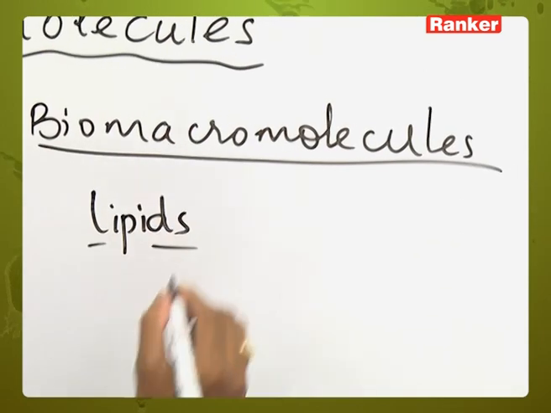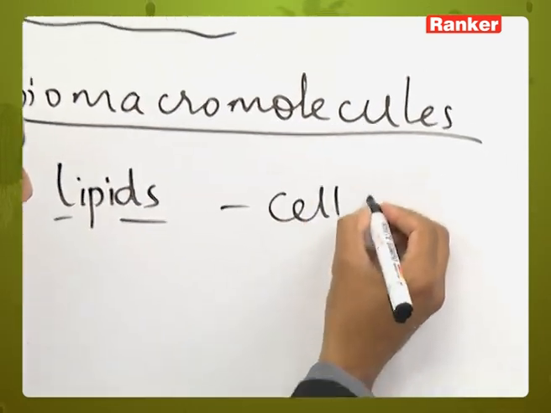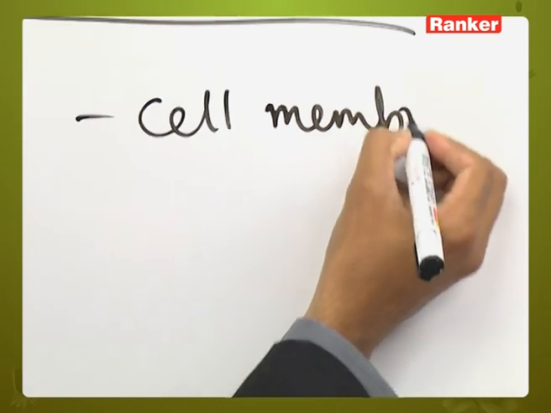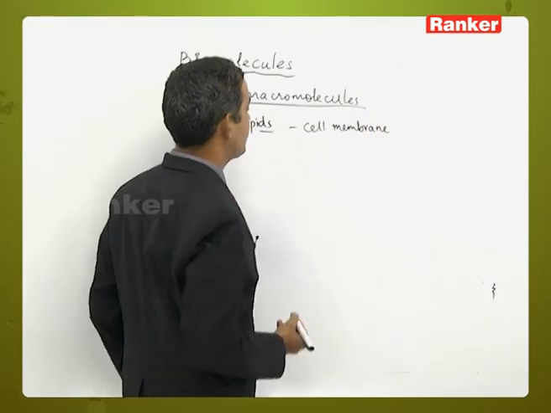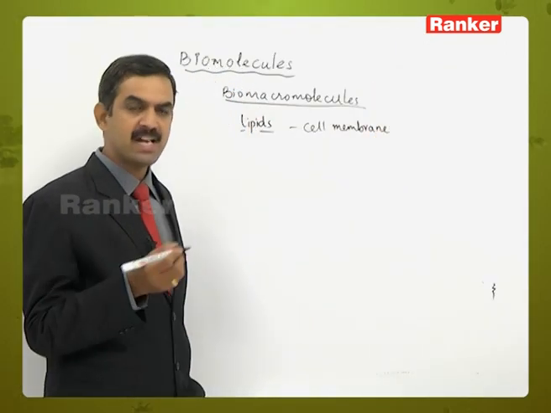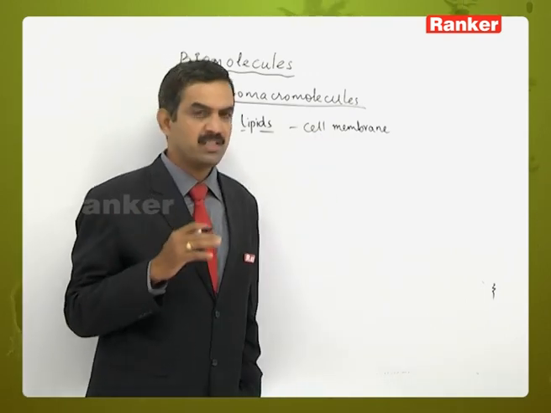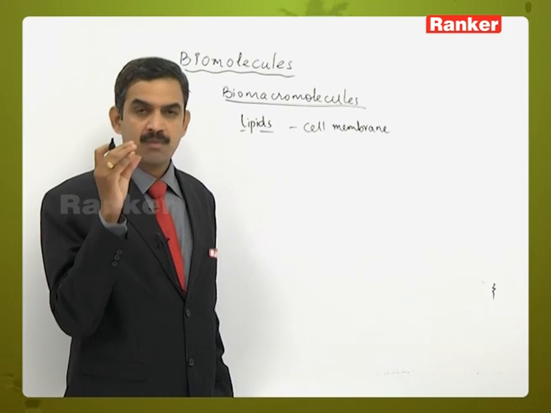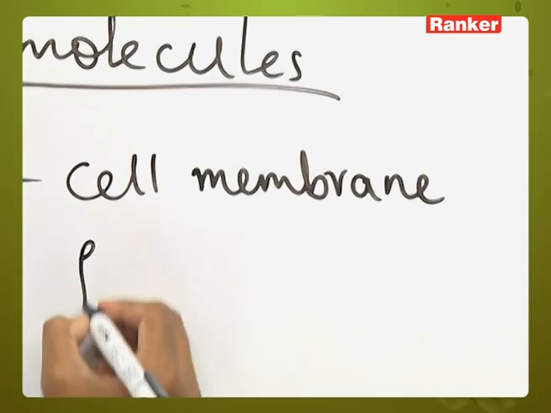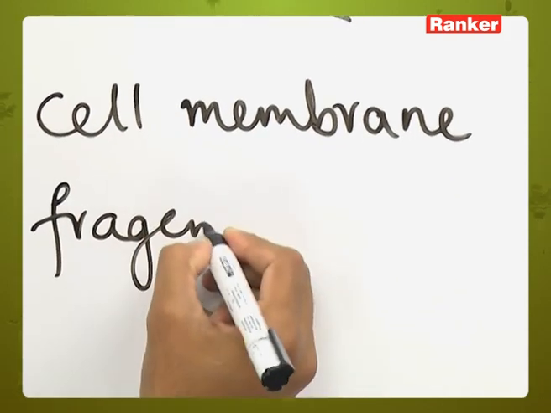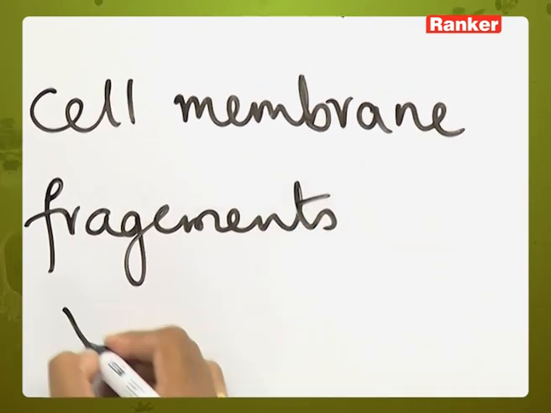As we know, the cell membrane is made up of lipoproteins, that is, lipids and proteins are present. So when we destruct the cell membrane, it is converted into small fragments, and these fragments are in the form of vesicles.